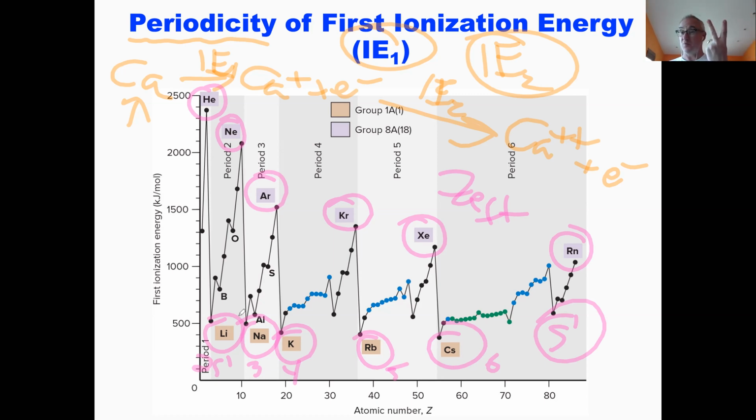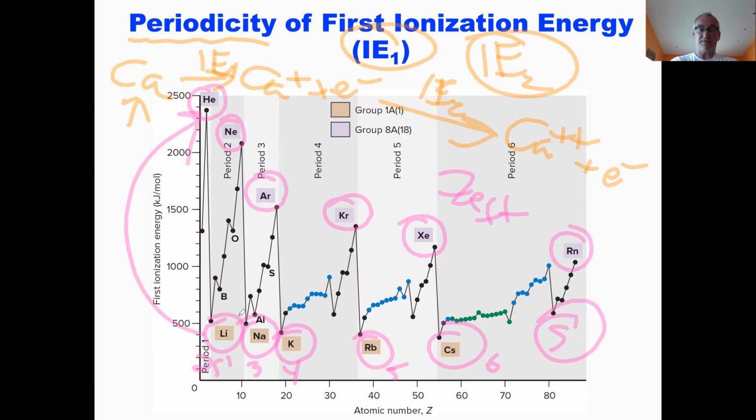So two reasons why they're the easiest. One, that electron is held on to the loosest of any of the elements. It's very far away from the nucleus, so that attraction is really, really small. And two, once they lose that single s electron that's far away, they look like a noble gas.